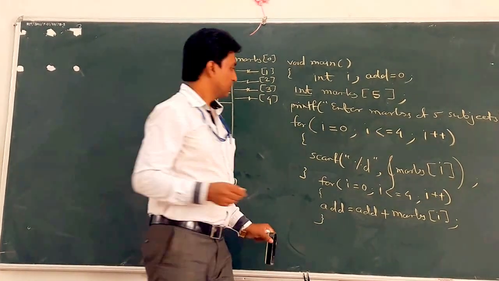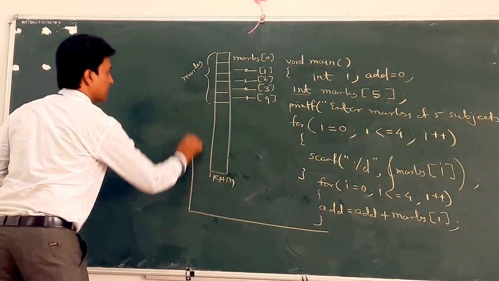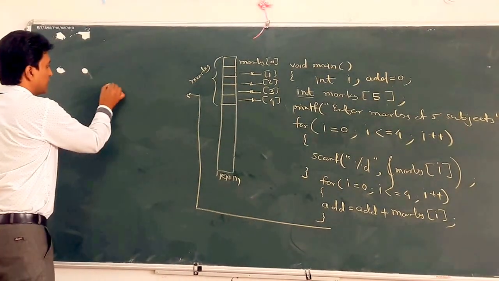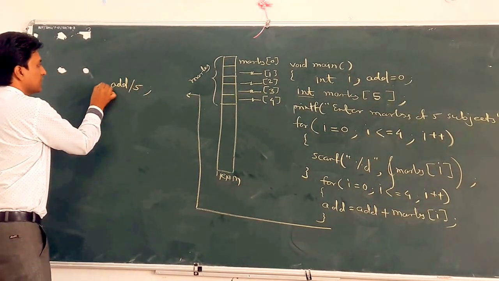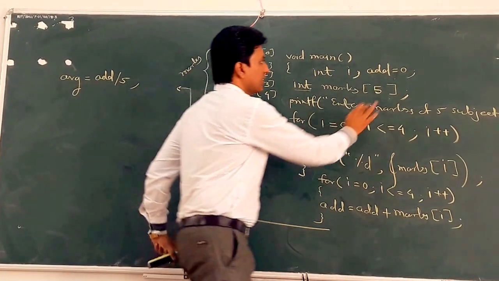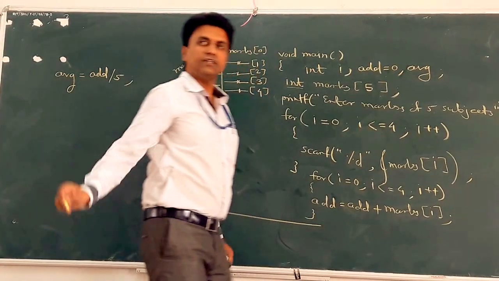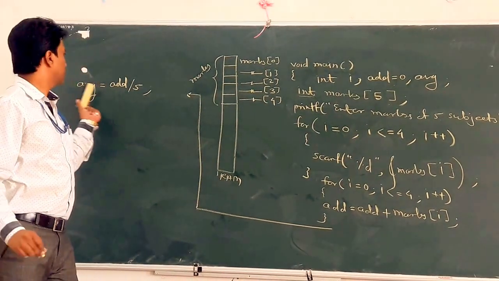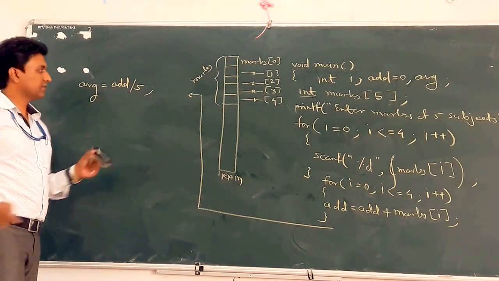Average. So after that, add divided by 5 subjects gives you the average. Store it into the average variable. Again you declare average. No need to write 0 or initialize it to 0, because before using it we have to initialize it.